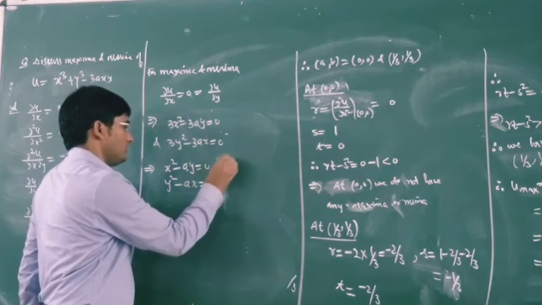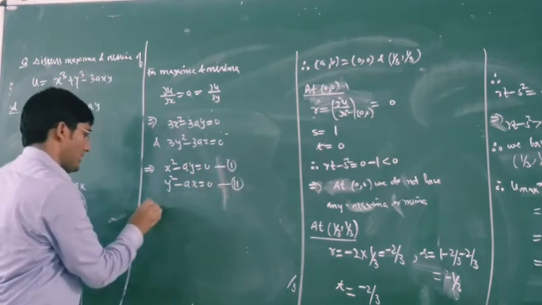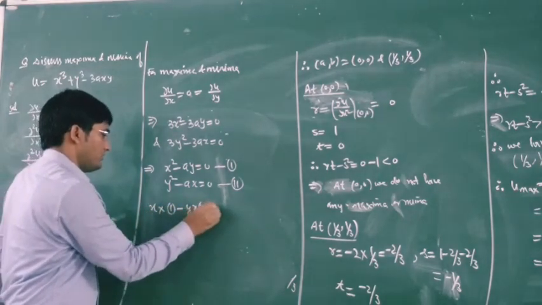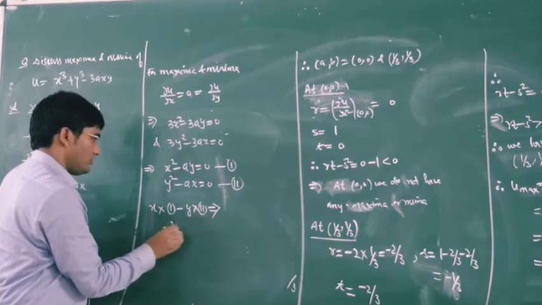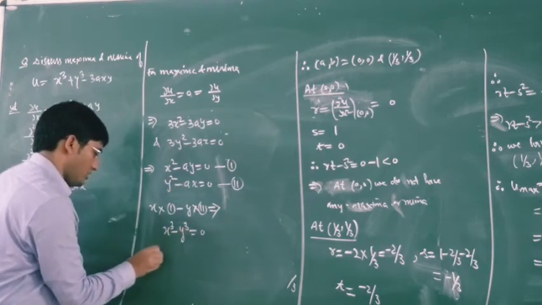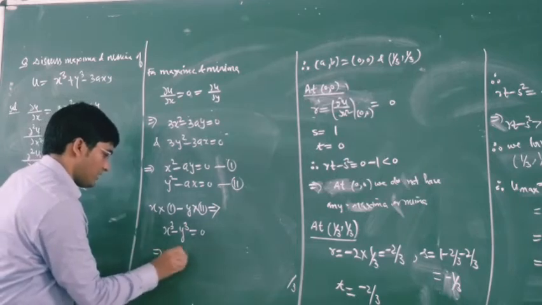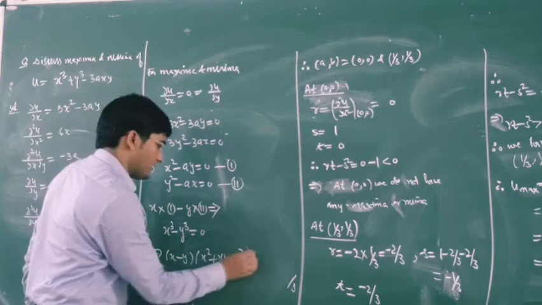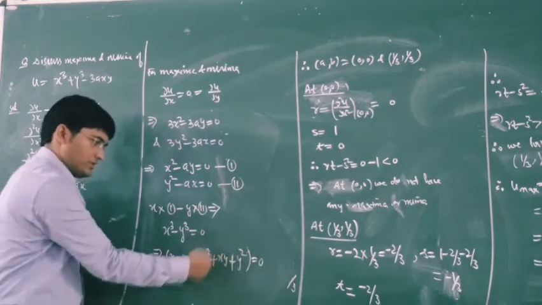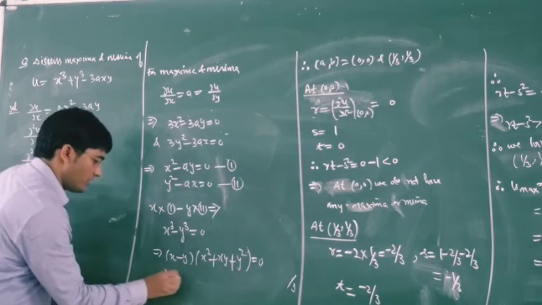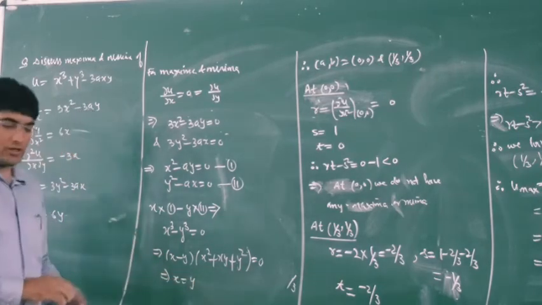Say this is 1 and this one is 2. So x into 1 minus y into 2 implies x cube minus y cube. Now this term will get cancelled, so it is equal to 0. So from here we will have x minus y into x square plus y square plus xy equal to 0. Now this bracket cannot be 0 because otherwise we will have imaginary values. So from here we have x equal to y.